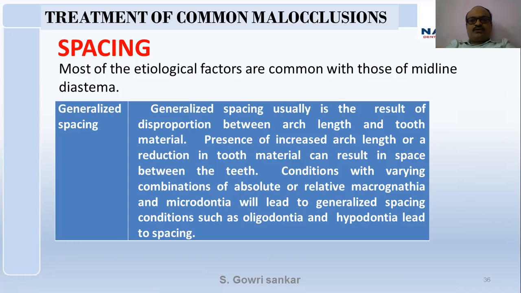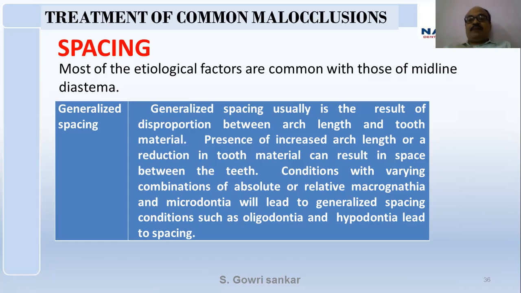Generalized spacing is usually a discrepancy, when the arch length is more and tooth material is less. This results in increased arch length, or more space is available for a fixed unit of teeth. So there may be spacing. If the reverse happens, if the tooth size is more than the arch length, it gives rise to crowding. Remember this. So the relative conditions of macrodontia and microdontia will lead to generalized spacing.